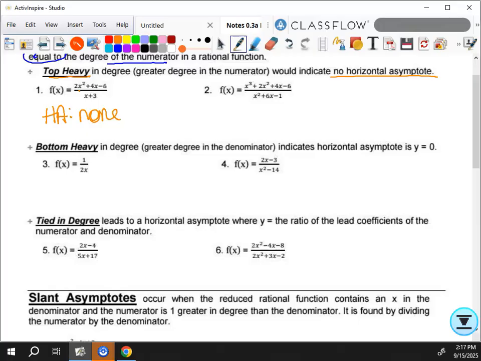Just that, none. There aren't any. You don't even have to do any work for these. You just have to know how to recognize stuff. Number 2, is this top heavy, bottom heavy, or tied in degree? Top heavy, so my horizontal asymptote is none. That's it.